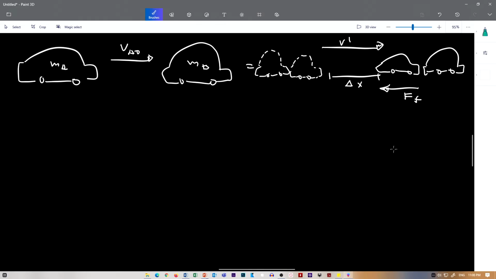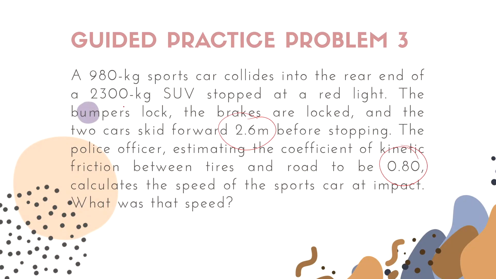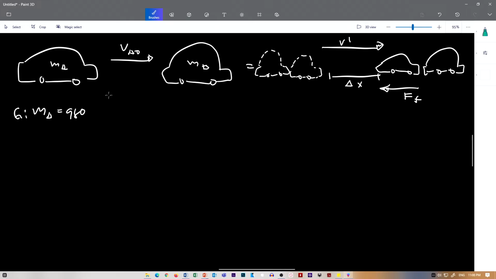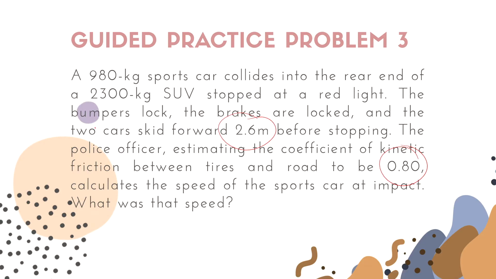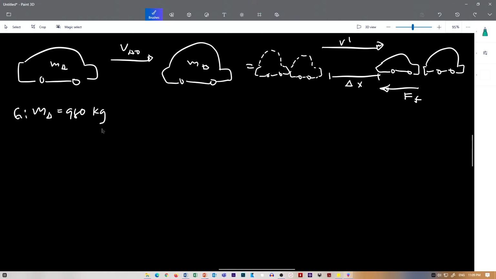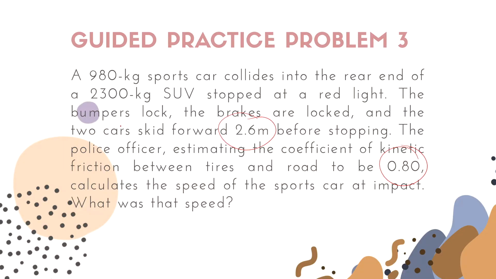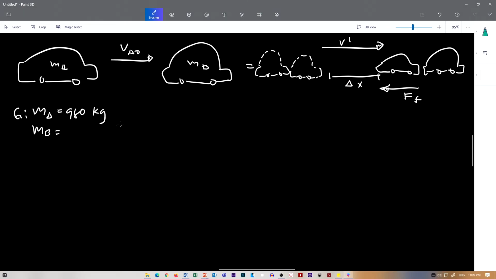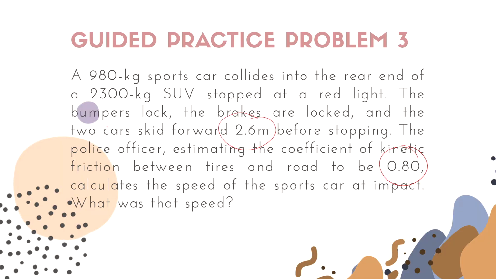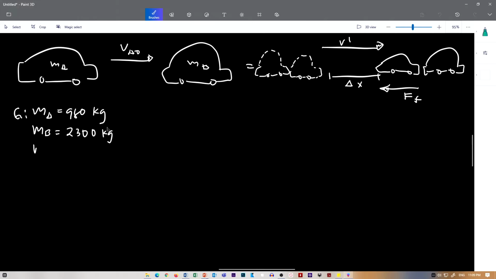So let's try to write our given. We have mass A at 980 kilograms, moving at a velocity of, oh, there's no velocity, so that won't be a given. Then we have mass B, which is 2,300 kilograms, which is not moving, so that will be your v sub b sub 0, which is 0.